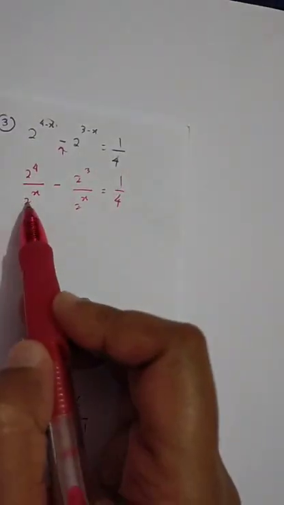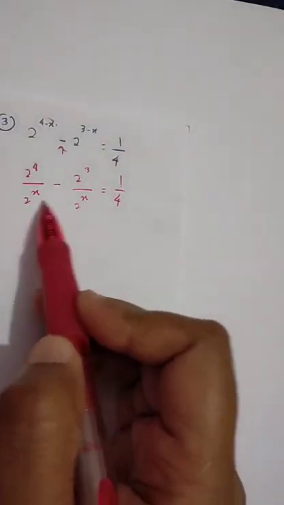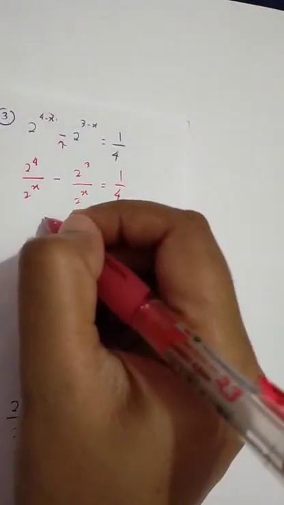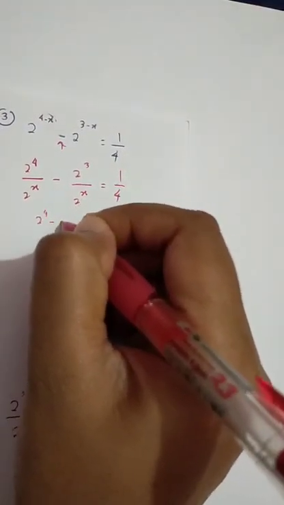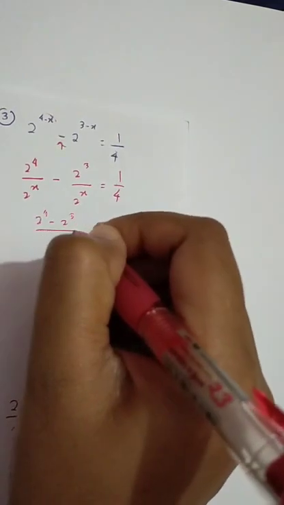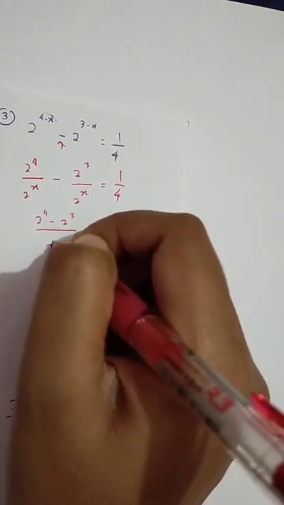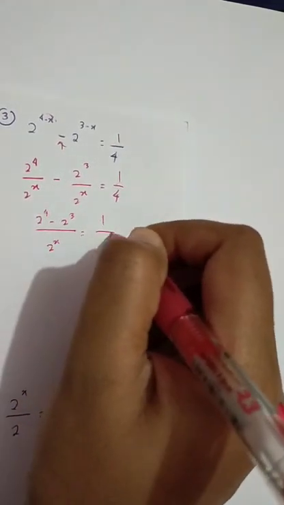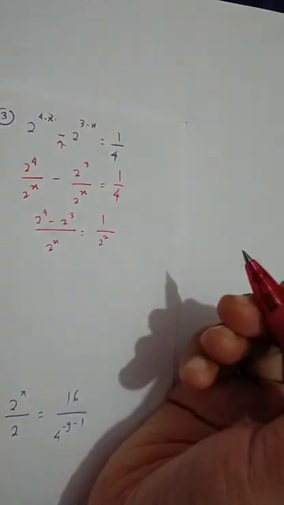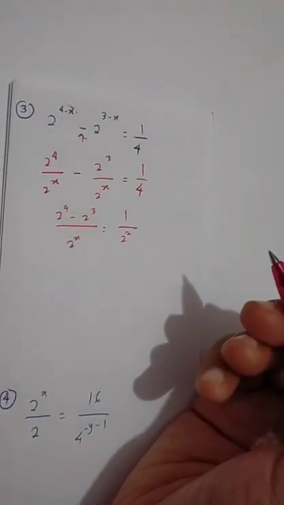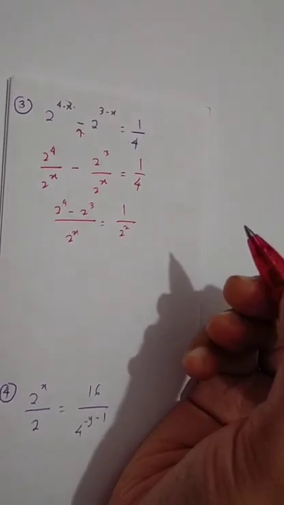When you have the same denominator, you can do it like this: 2 power of 4 minus 2 power of 3 over 2 power of x is equal to 1 over, this one I make 2 power of 2, so it will not be odd. Okay, 4 is alone there.